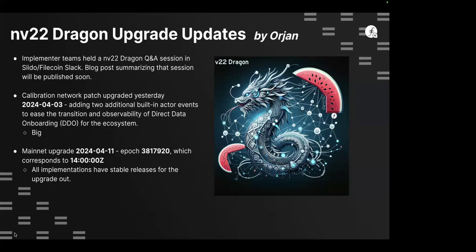So what I'm getting at here is that it would be really good for us at some point to organize a retro for the core devs and the implementers, just to reflect on how we did in delivering this upgrade to the community and the users.